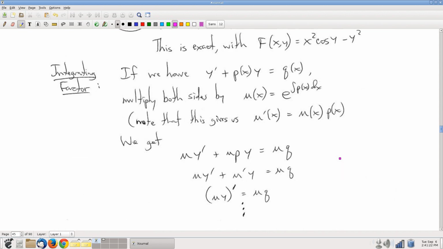Other differential equations can be put into this form, and if so, then there's this clever trick, which is multiply both sides of the equation by this expression, and then a key observation can be made that allows you to solve for the function in question. These will be studied in more detail in Math 353.